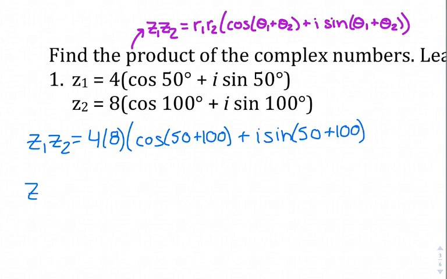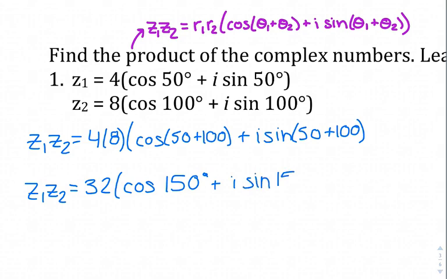To simplify this, I would get 32 times (cosine 150 degrees plus i sine 150 degrees). And that would just be my answer.